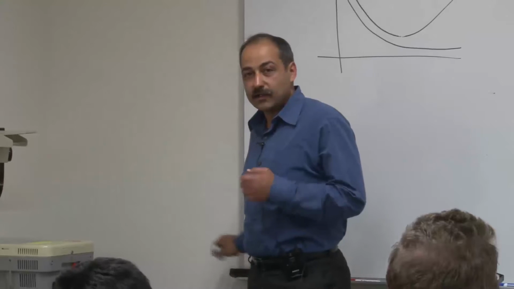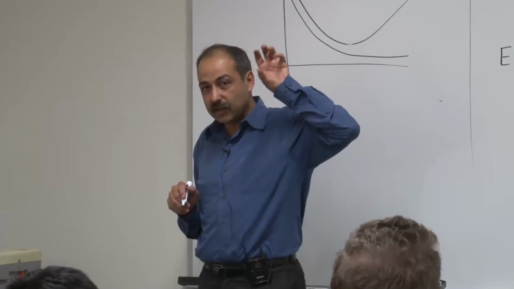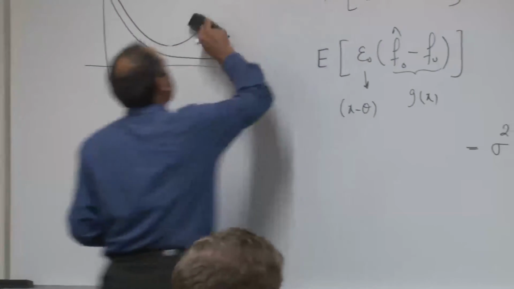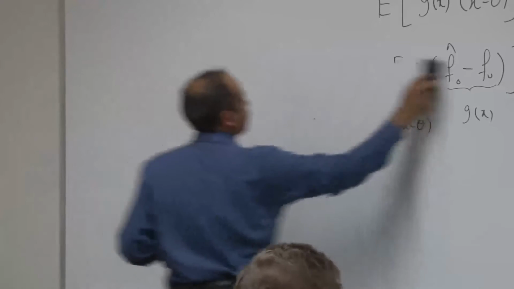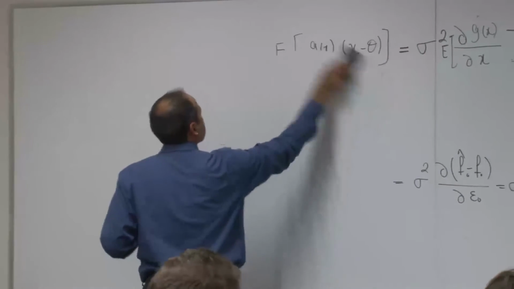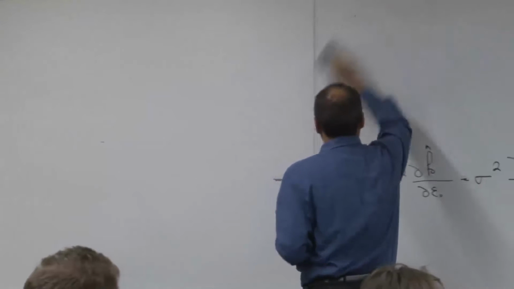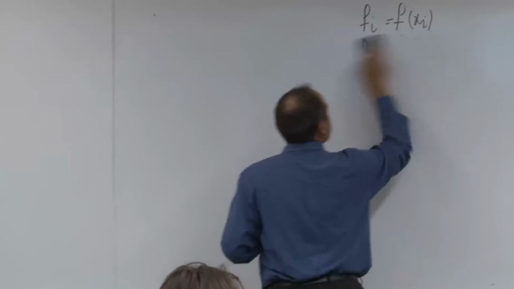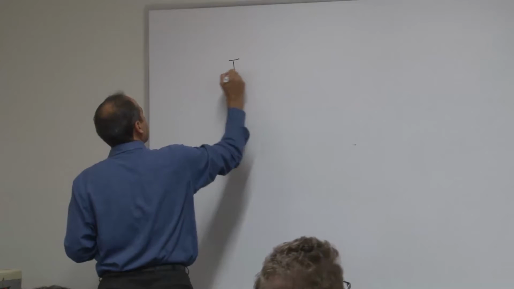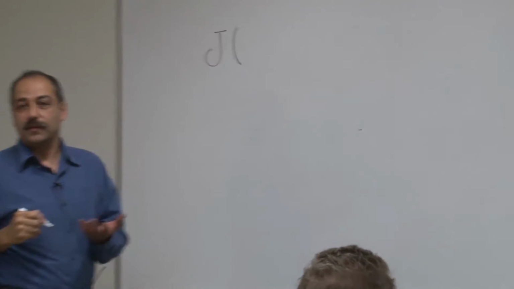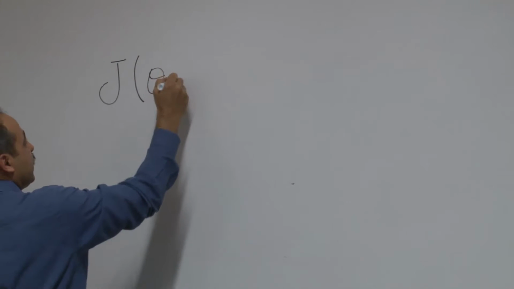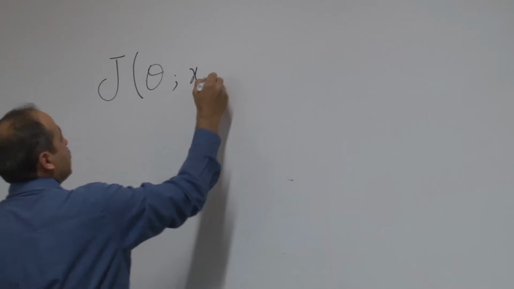That's why in regularization we add a penalty function. In regularization, we are minimizing an objective function, which is a function of parameters and a function of observations.